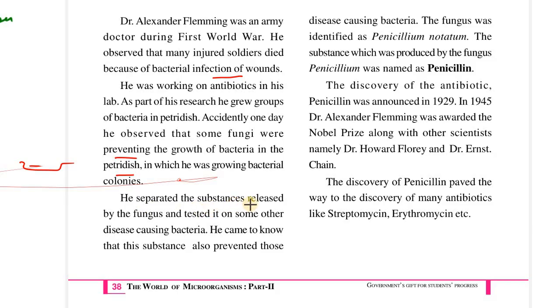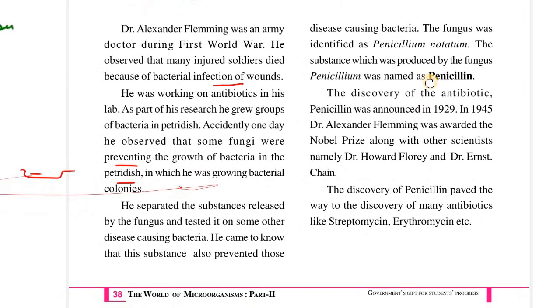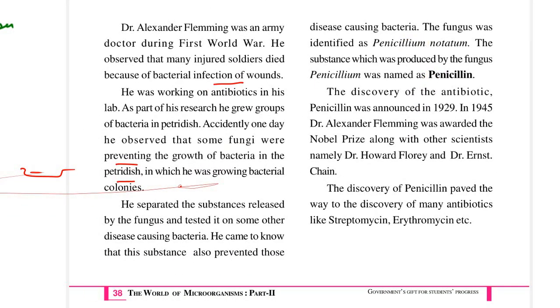So he separated the substances released by the fungus and tested it on some other disease-causing bacteria. He came to know that this substance also prevented those disease-causing bacteria, and the fungus was identified as Penicillium notatum. The substance which was produced by the fungus is from Penicillium, which was later named penicillin.